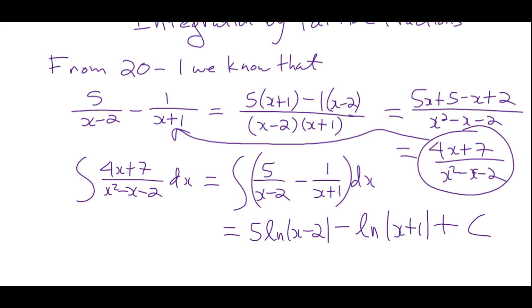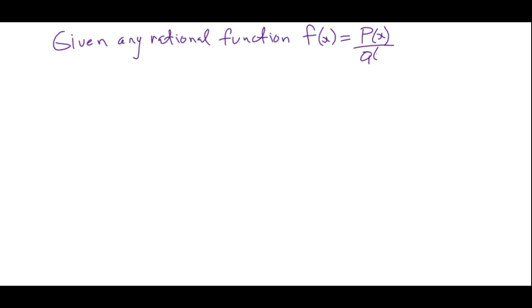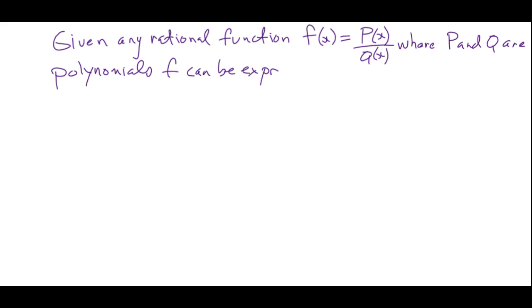So here's what's happening. Given any rational function f of x equals p of x over q of x, where p and q are polynomials, then f can be expressed as a sum of simpler fractions.